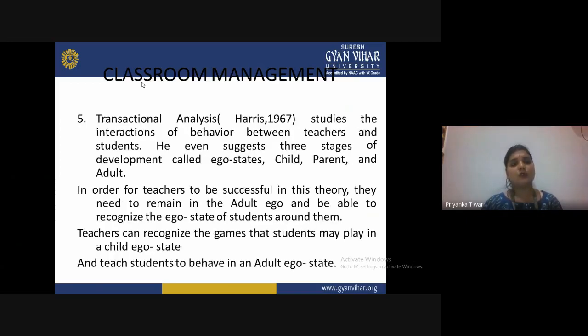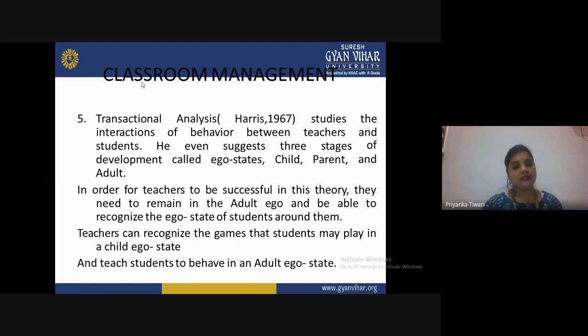In classroom management, transactional analysis studies the interactions of behavior between teachers and students. He suggests three stages of development, called ego states: child, parent, and adult. For teachers to be successful in this theory, they need to remain in the adult ego state and be able to recognize the ego state of students around them.